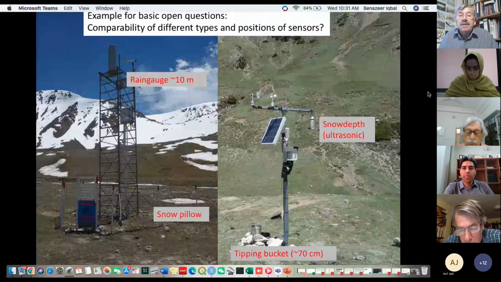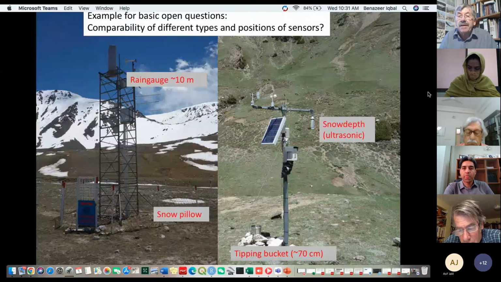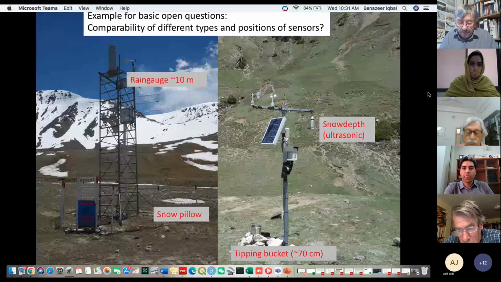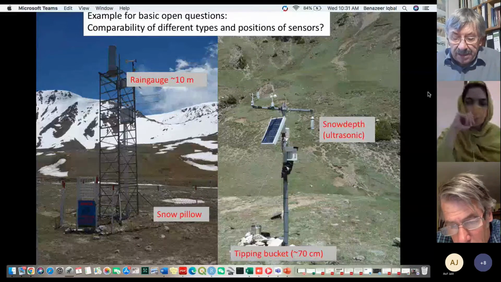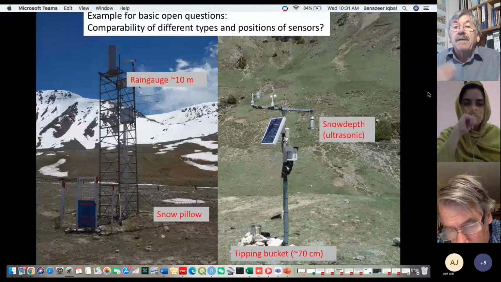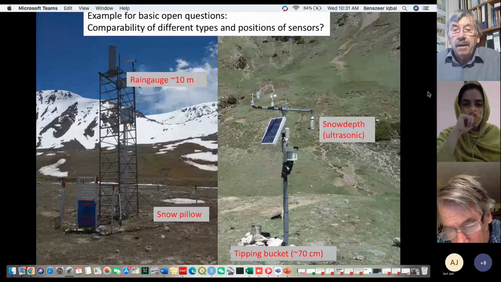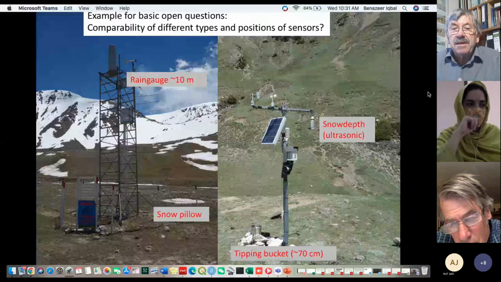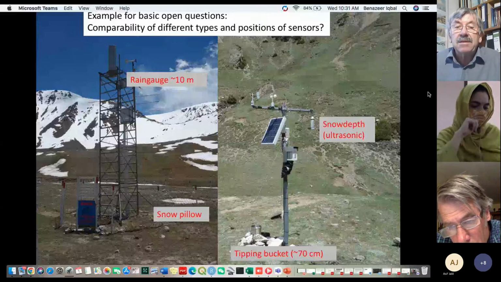Snow depth is not measured with a snow pillow, but with an ultrasonic sensor. And the liquid rainfall is measured by a tipping bucket on the ground. So there are differences in the amounts simply resulting from different methods of approaching.